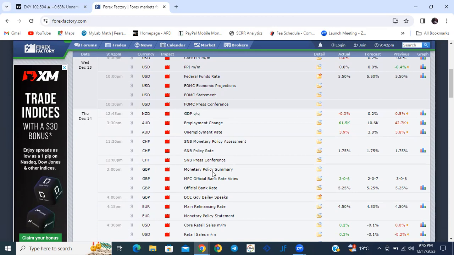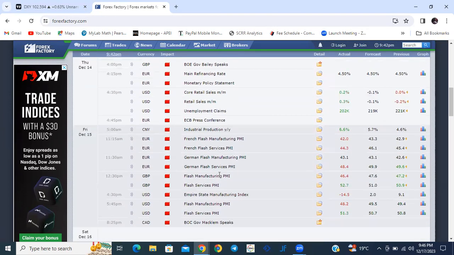It was central bank week. Major central banks were declaring interest rate decisions, and we found that all of them maintained the interest rates.